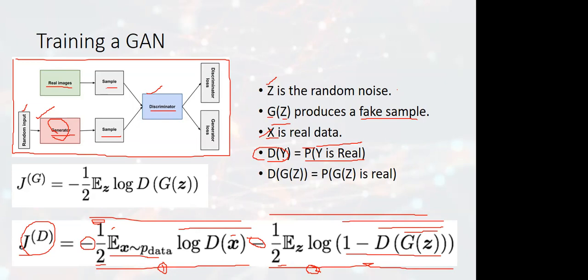Since the output of D is the probability that something is real, if we want to quantify the proportion with which it thinks it's fake, we do 1 minus that, since there are only two classes. So that's the loss function for the discriminator.